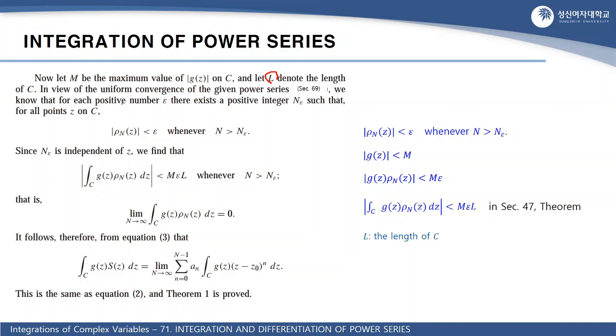We know that for each positive number epsilon, there exists a positive integer N sub epsilon, such that for all points z on the contour C, the absolute value of rho sub N of z is less than epsilon whenever large N is greater than N sub epsilon.